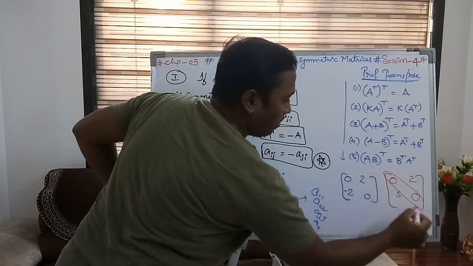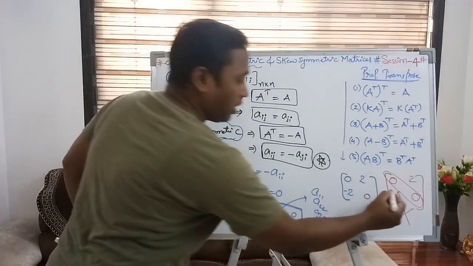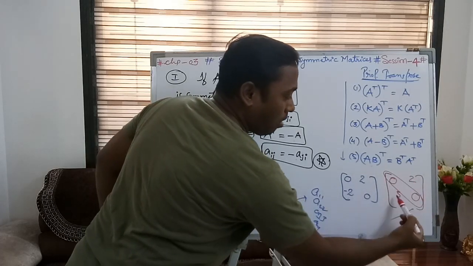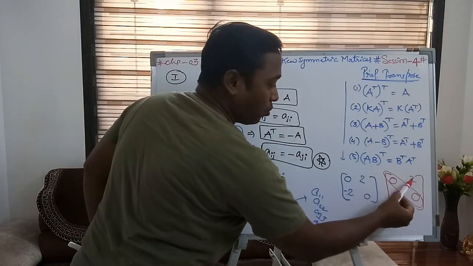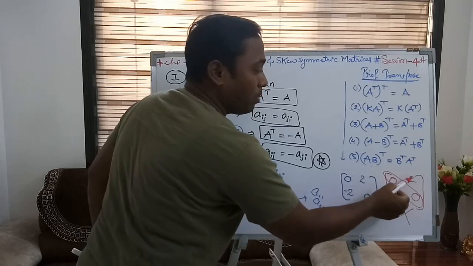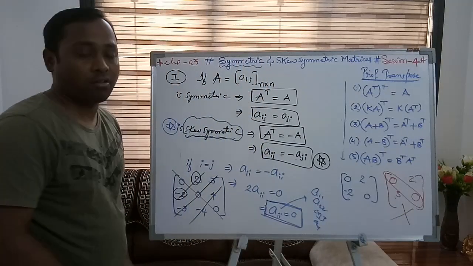You can see the diagonal elements are 0, but it is not skew symmetric, because if you observe the other elements, they are not following that condition. If it is positive 2, it must be negative 2. Or if it is 3, it must be minus 3. So they are not following that. Hence it is not skew symmetric.